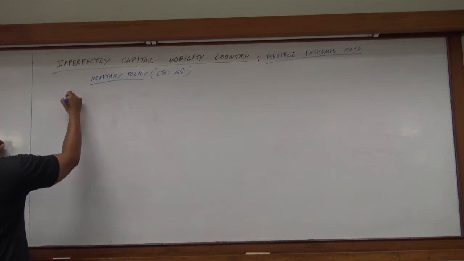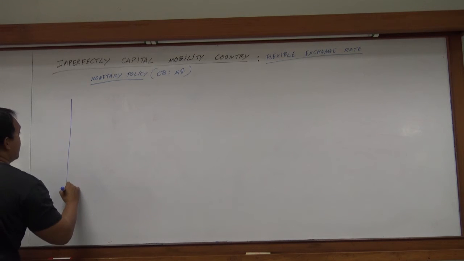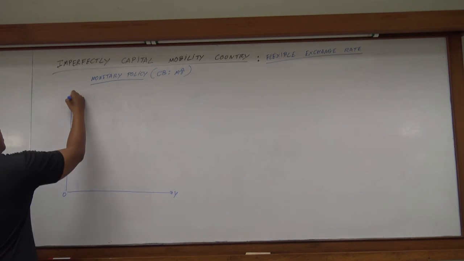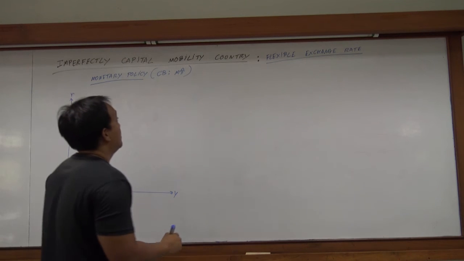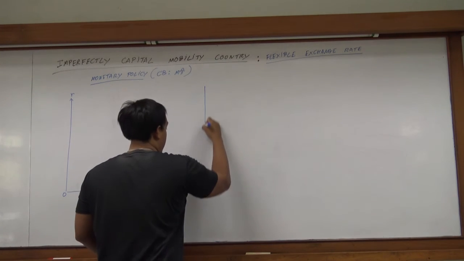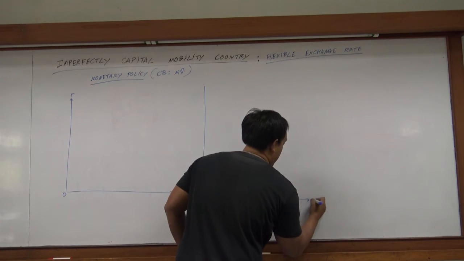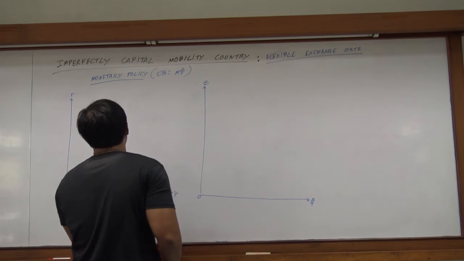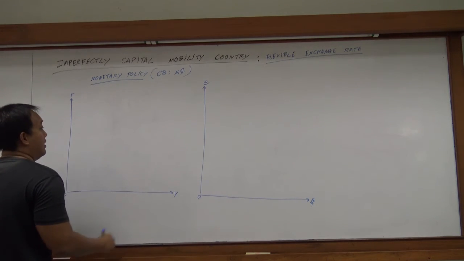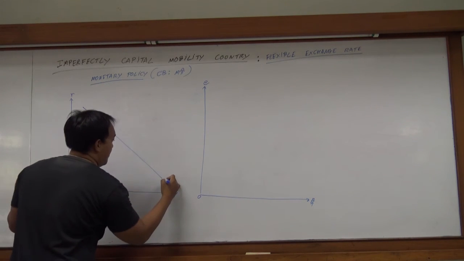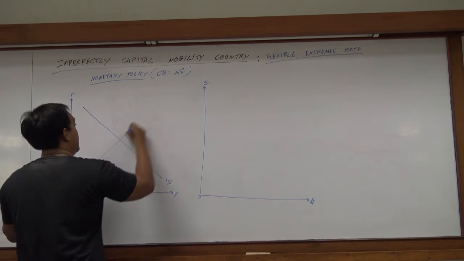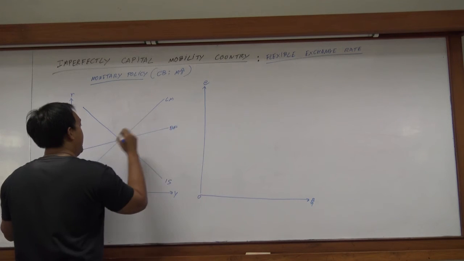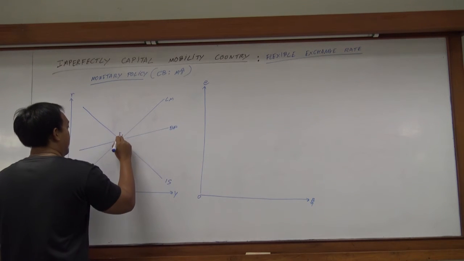Just like before, we're going to have two graphs. Y, R, and S, E. We're going to have the IS, LM, and BP curves.